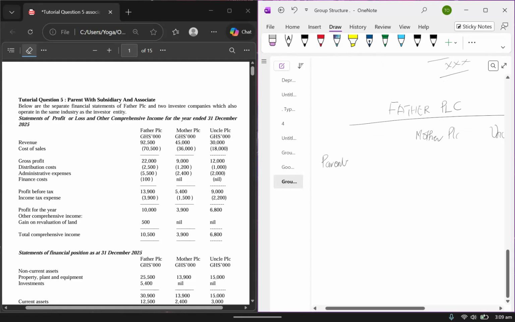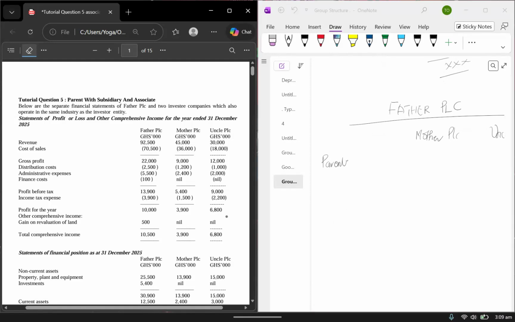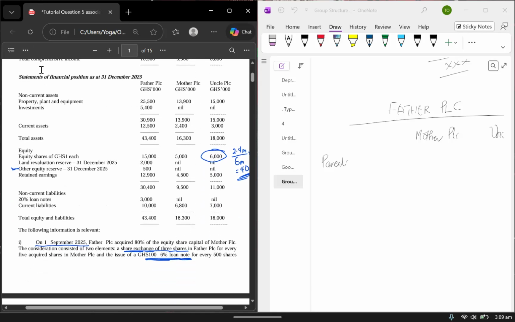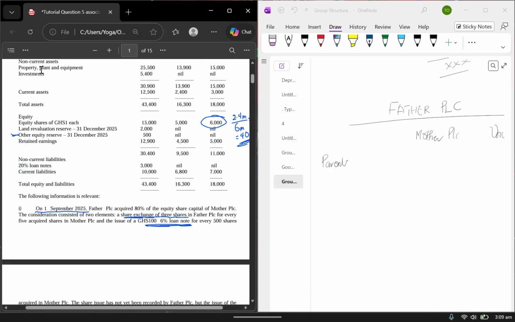Now, we are going to look for the percentage or the proportion that Father PLC has acquired in Mother PLC. All right. So on first September, Father PLC acquired 80%. So the proportion has been given straightforward.